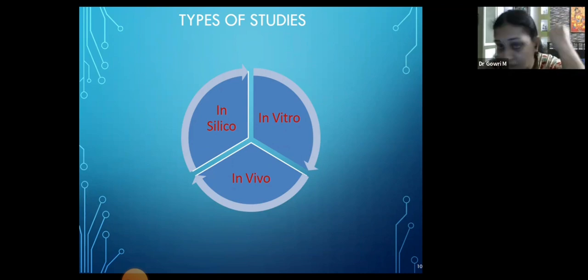We saw what screening is. Now, what studies are used for this screening? There is in vitro study, in vivo study, and in silico study. These three types of studies come under preclinical studies, by which we do screening.